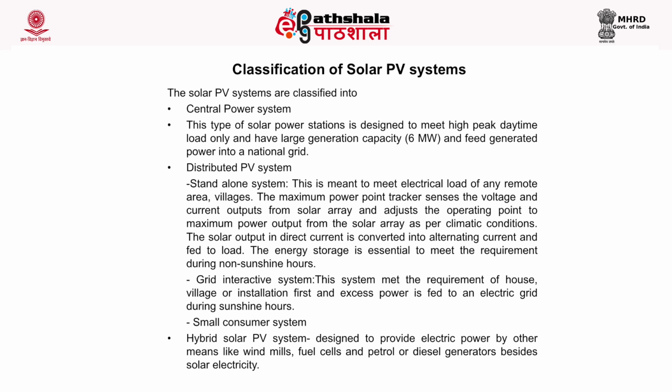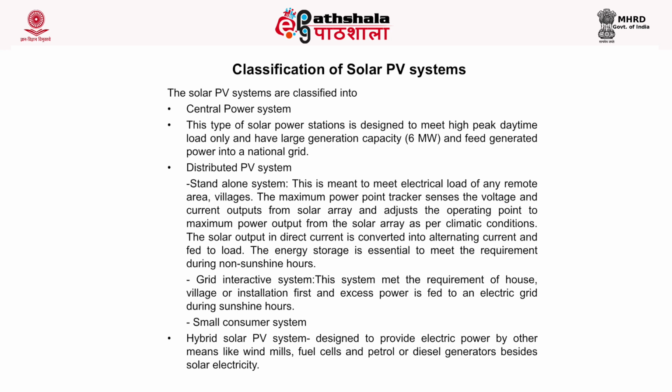The maximum power point tracker senses the voltage and current outputs from the solar array and adjusts the operating point to maximum power output as per climatic conditions. The solar output in direct current is converted into alternating current and fed to load. The energy storage is essential to meet the requirement during non-sunshine hours.